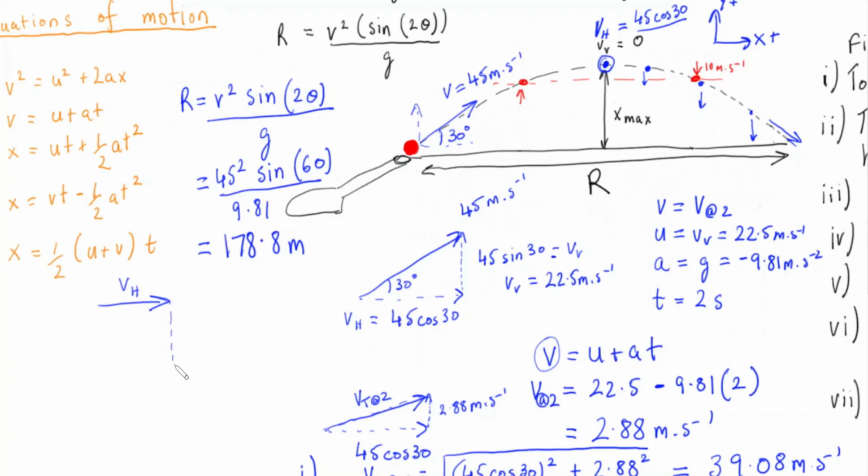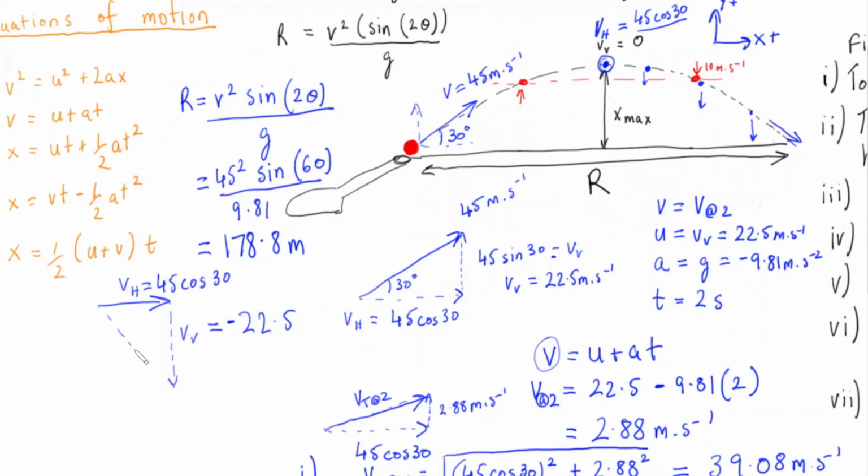So I'll draw that as VV, and that'll be negative of whatever this was, which was 22.5, but in this case it'll be negative. Similarly, we've got VH, which is just going to be 45 cos 30.